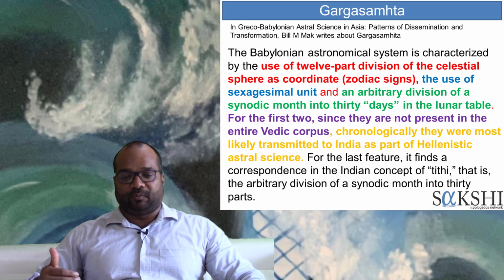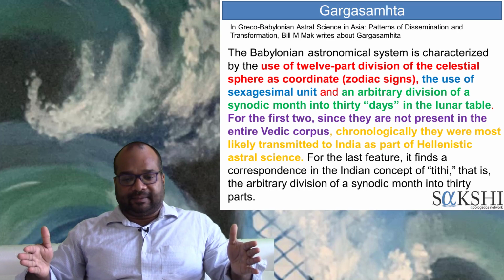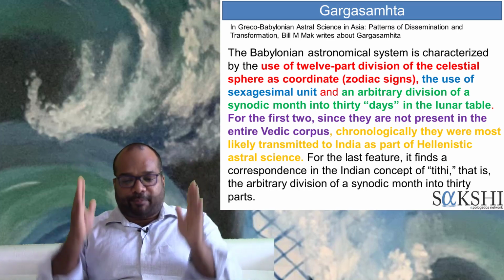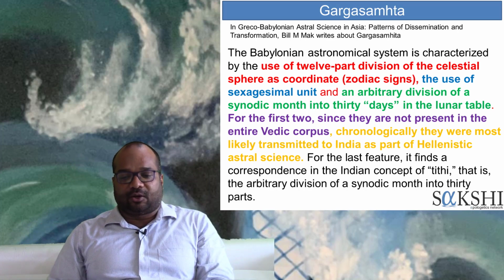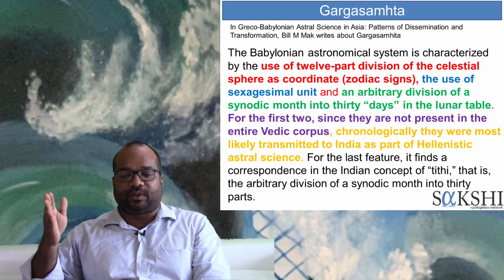The first two, the 12-part division and 60 as the base, since they are not present in the entire Vedic corpus, chronologically they are most likely transmitted to India as part of Hellenistic astral science.